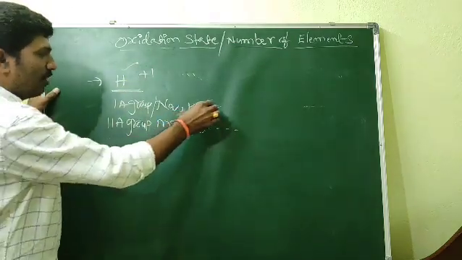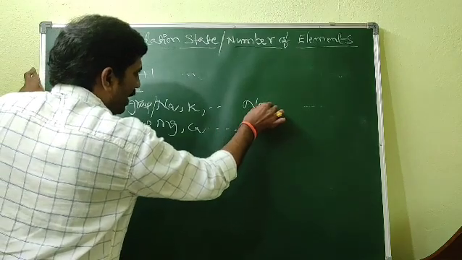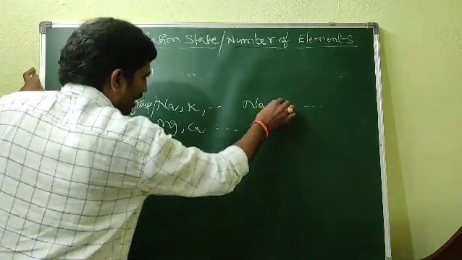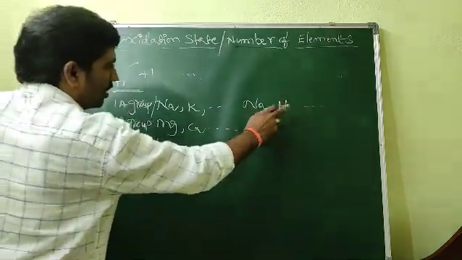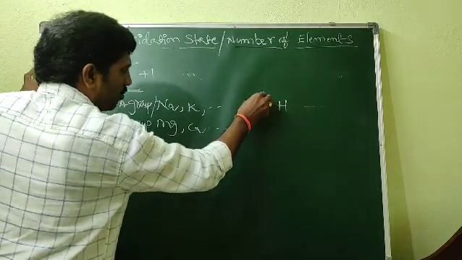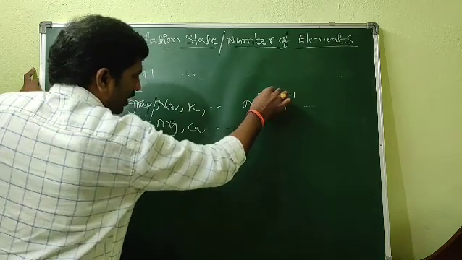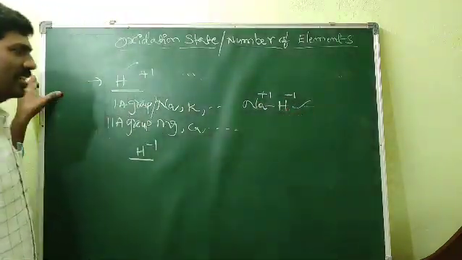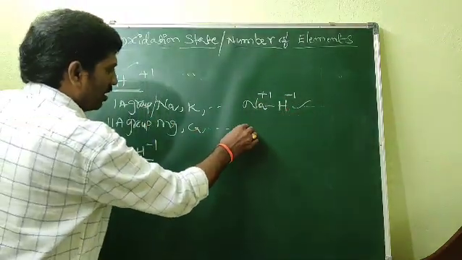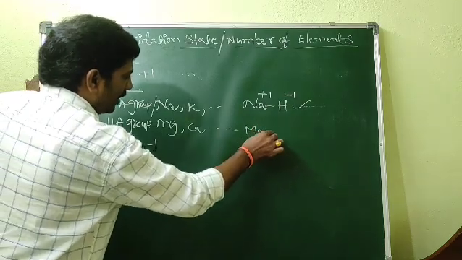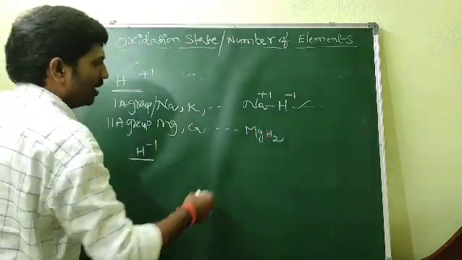For example, take Na and H. Here sodium is more electropositive, so plus 1 will come for it, and minus 1 for hydrogen. So now the hydrogen oxidation state is minus 1. In the case of Mg combined with hydrogen, MgH2 will come.